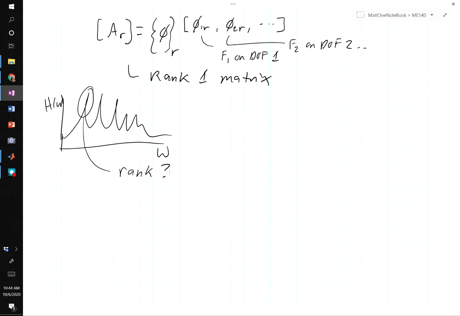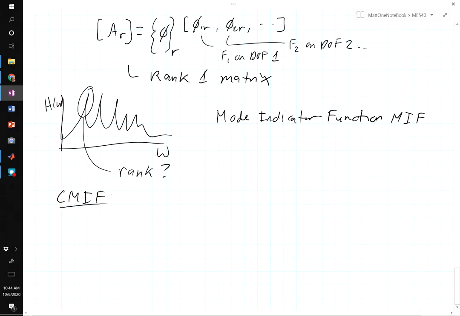The way this is done practically is to use something called a mode indicator function, or MIF, they're sometimes abbreviated. And there are lots of different ones. I'll just tell you about one of them that I like best, and they all seem to be pretty interchangeable.